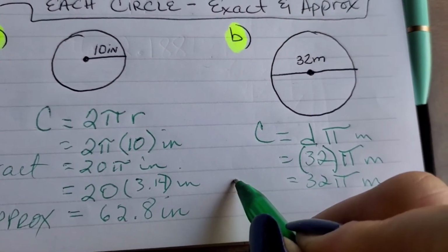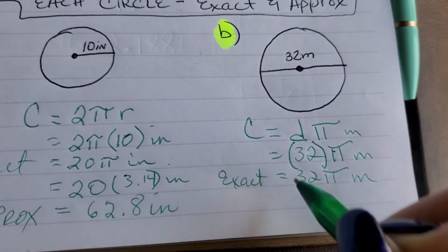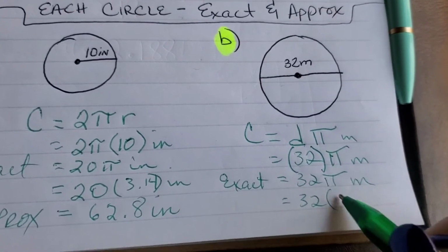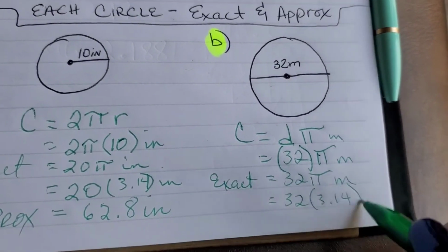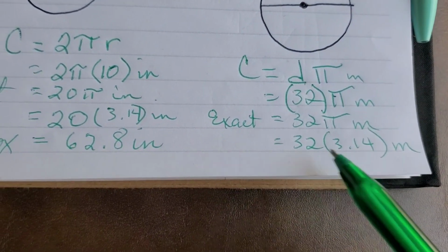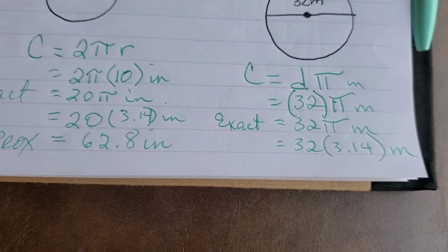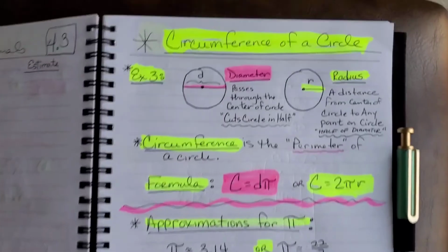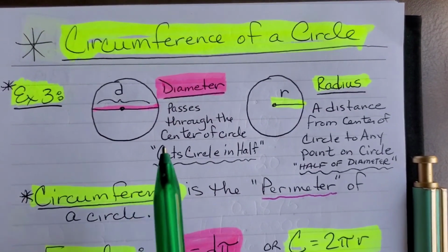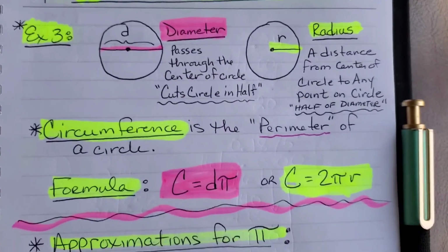That is our exact answer. If we want our approximate, we take our 32 and multiply it by 3.14 and keep our meters. You can just enter that in your calculator. And that is the circumference of a circle using diameter or radius in your formula.